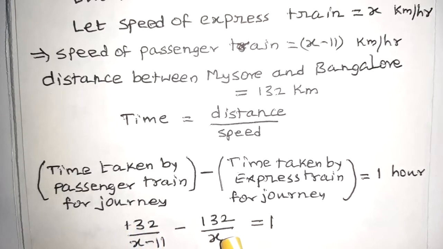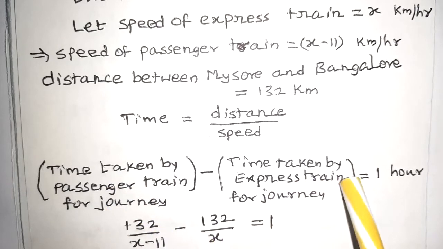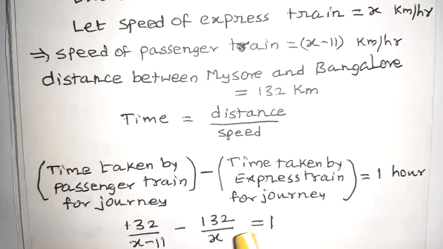And for express train, distance is 132 kilometers. Speed is x kilometers per hour. So this is 1 hour. Time taken by passenger train for journey, distance by speed, minus time taken by express train for journey, distance by speed, equal to 1 hour.